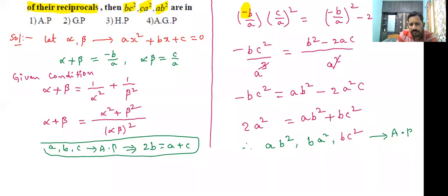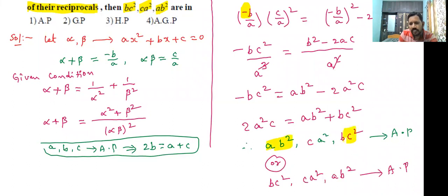This is C. So here will come CA square. Or we can write another way also. BC square, comma CA square, comma AB square are in AP. What I did here, these two terms, just interchange.